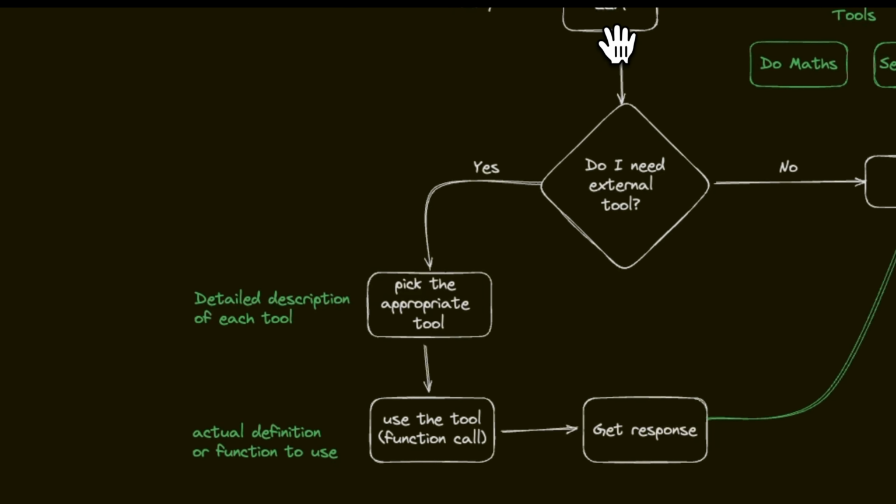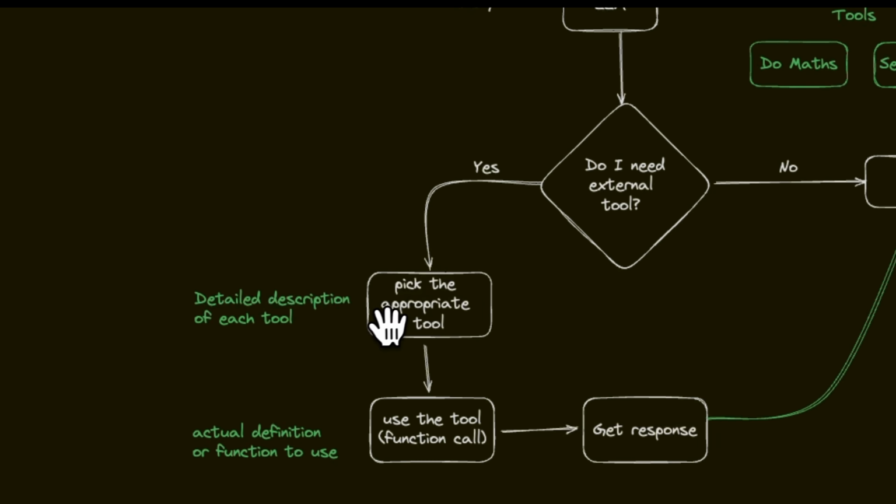Now, if the LLM is smart enough and determines that it actually needs to use an external tool, then it will look at the user query and also at all the tools available to it. Based on the description of each tool, it will pick which tool to use. These tools are basically functions.